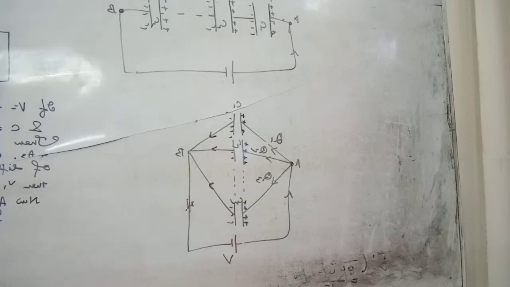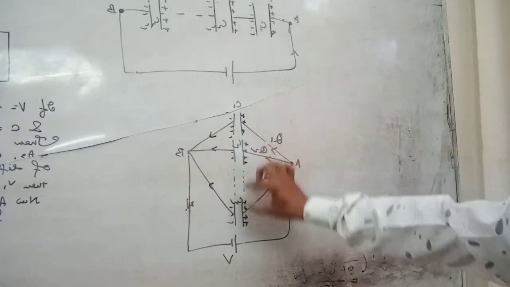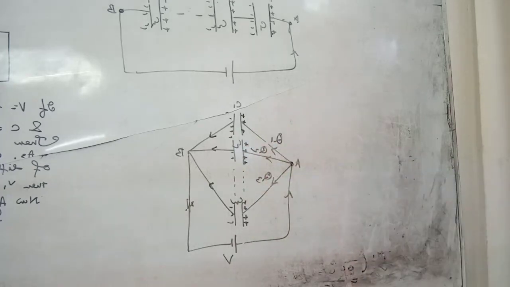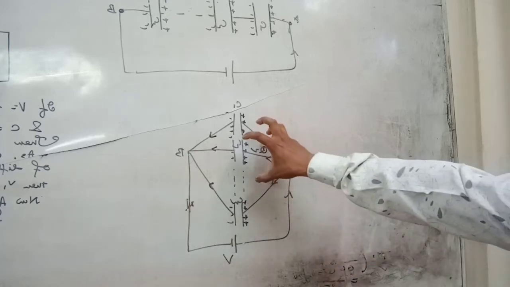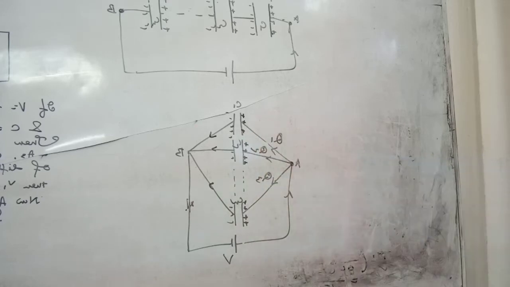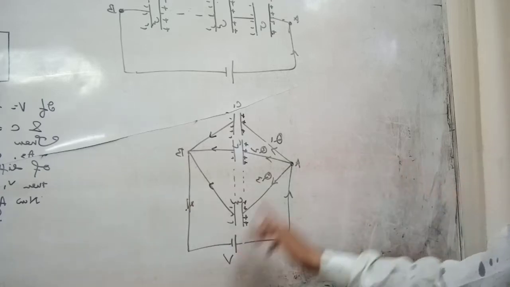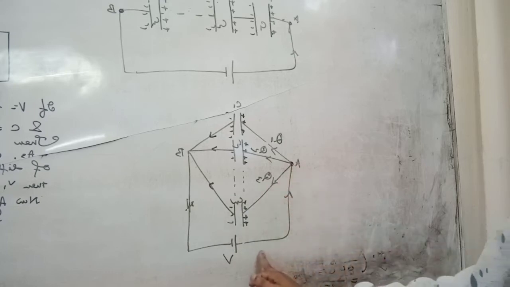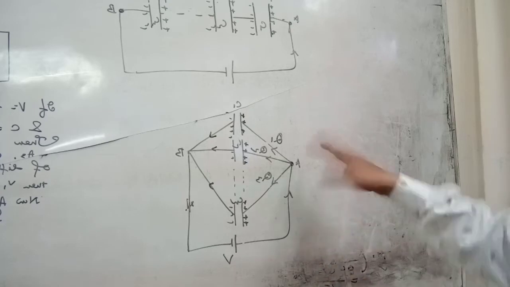Is it clear? Now again, if a number of capacitors are connected in such a way that all the positive plates are connected to a common point and all the negative plates are connected to a common point, and these common points are connected to the cell, so that the positive plates are connected to the positive plate of the cell and the negative plates to the negative plate of the cell, and the potential remains constant, then you can say it is connected in parallel.